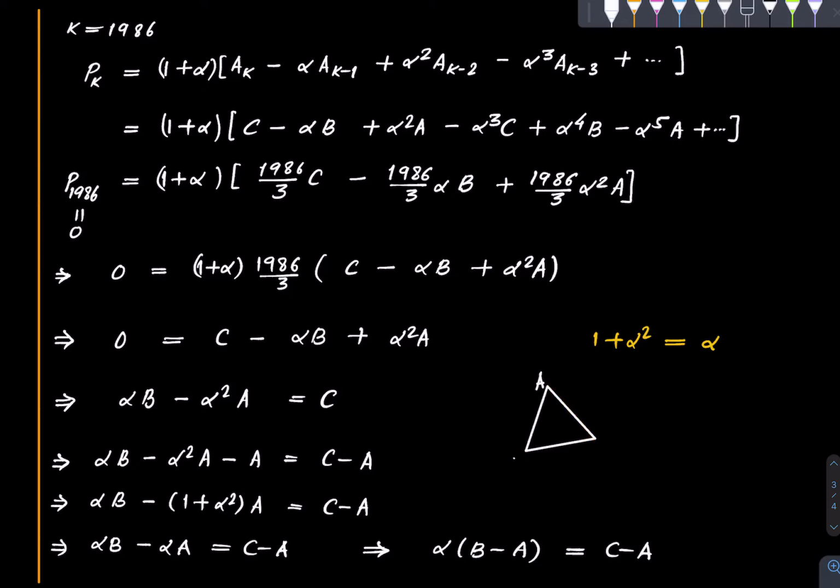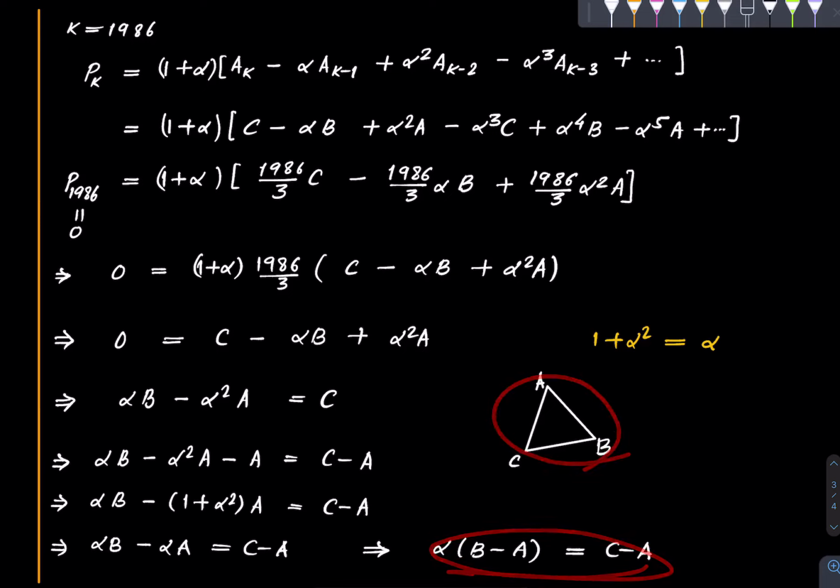It will be a c b. Let's see. Yeah. So b minus a is that vector, and c minus a is that vector. And what we are given is that if you rotate b minus a by 60 degrees, you get c minus a. So the magnitude of b minus a and c minus a are the same, because if you take modulus both sides, you get on the left side modulus of b minus a, and here modulus of c minus a. So at the very least, you have an isosceles triangle, but the angle between the two segments is 60 degrees is what this is saying.